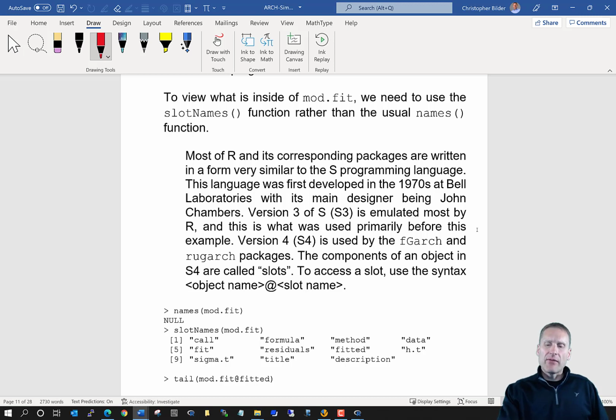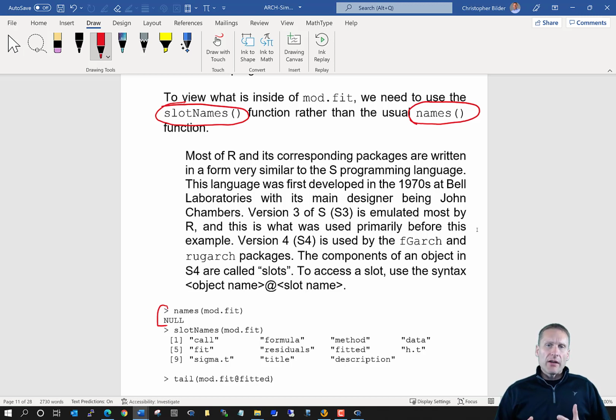If I want to see what's inside my list that's returned, normally I would do the names function with it, like names(mod.fit). In this particular case, I cannot do that. It's not going to work out. In fact, here it is. It doesn't work out. Instead, I have to use a function called slotNames, and then it's going to behave like what I would normally expect with names. Well, why does this occur?